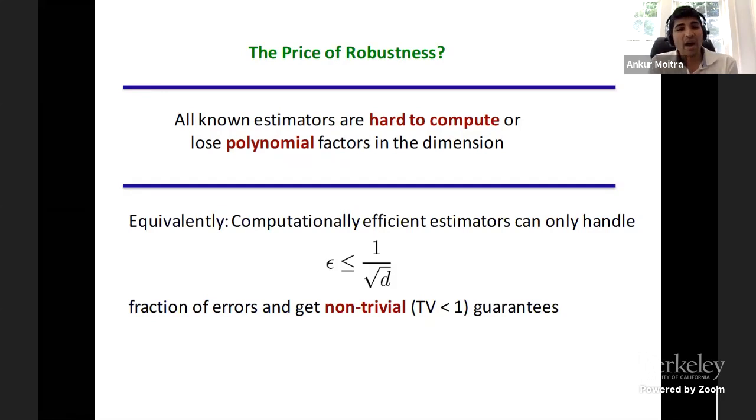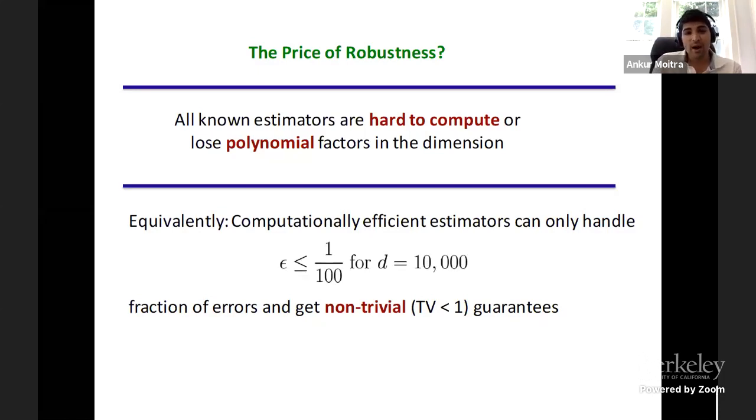So what is so bad about this is that the total variation distance between two distributions is only ever at most 1. So the way to think about it is, how small do I need the fraction of corruptions to be in order to have any non-trivial guarantees on how good my estimator is? I need the fraction of corruptions to be like 1 over root d. So the fraction of corruptions needs to be plummeting to 0 as you go to higher and higher dimensions in order for these estimators to give you anything non-trivial.